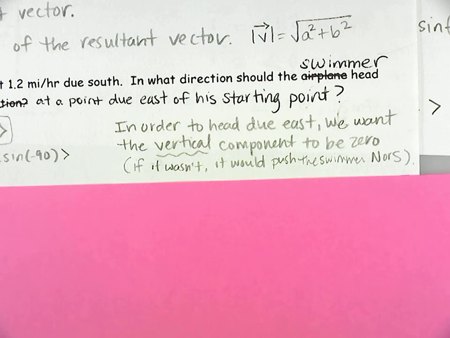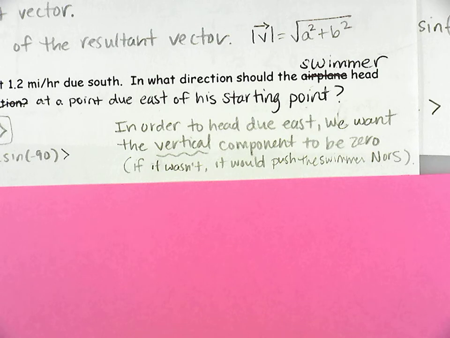A way that you can think about it is if you're trying to head somewhere horizontal, it's a vertical force that you don't want. And if you're trying to head somewhere vertical, like north or south, it's the horizontal force that you don't want. Okay, so if we're heading to the east, we want our vertical component to be 0.